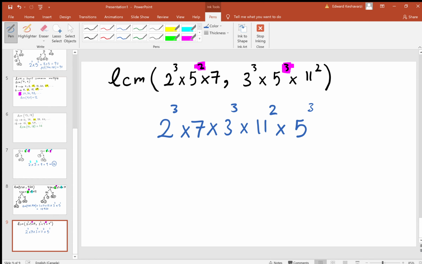The more we do number theory, the more we go forward, we'll see how valuable the standard prime factorization is, and all those questions that look very difficult without it will be easy if you know how to use the standard prime factorization.